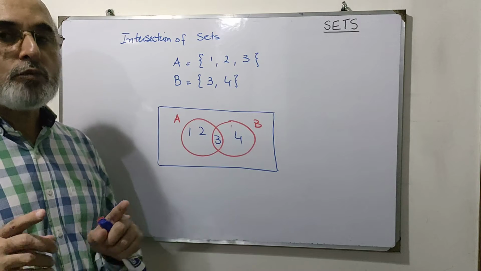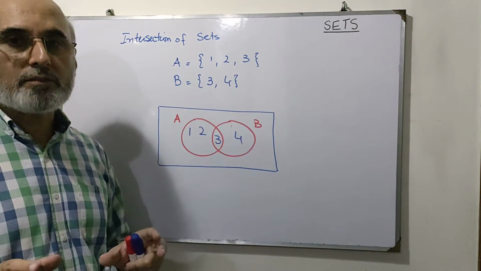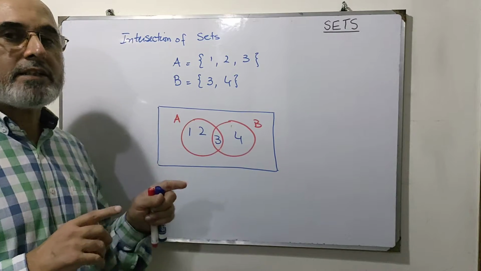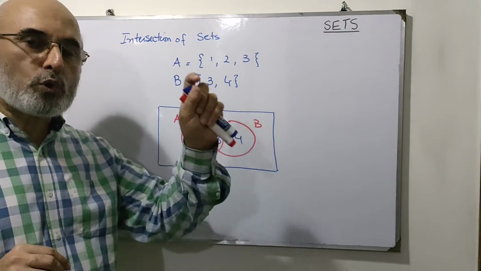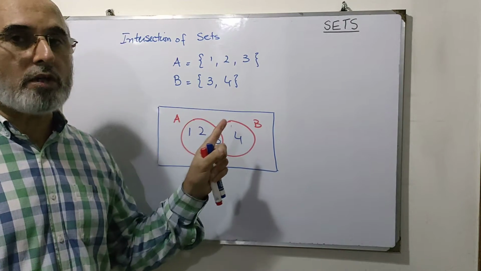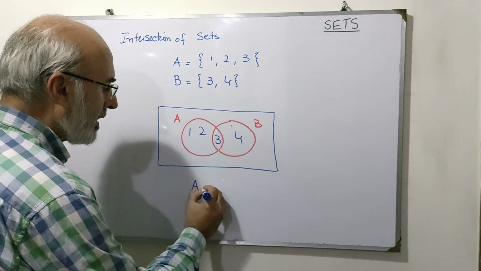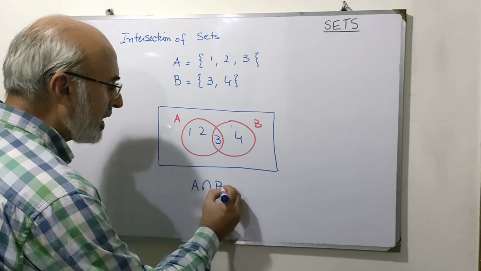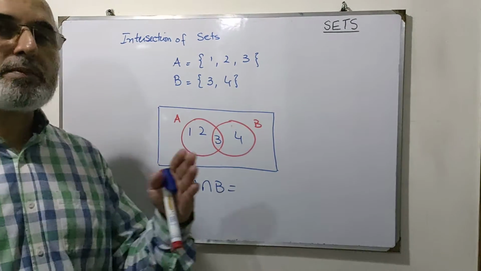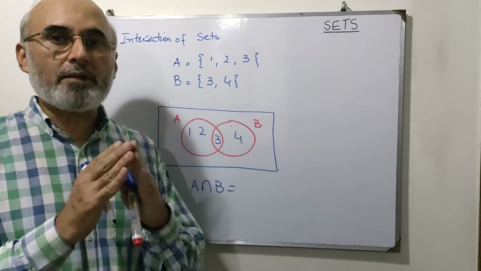In the union, what we did was collect all the elements in both the sets, right? Now in intersection, it is only those elements which are common to both the sets, not all. Mathematically it is written as A intersection B. So A intersection B is the set of all those elements which are common.